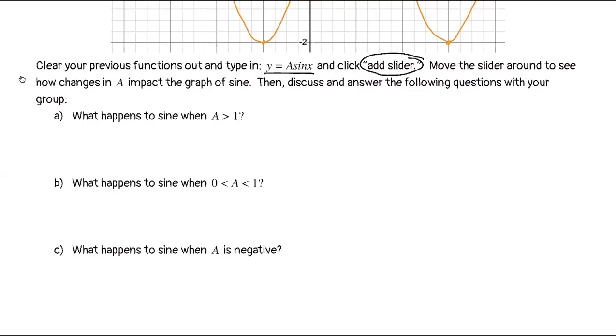What happens when A is greater than 1? Yeah, I agree. I think we could say that there is a vertical stretch. Right? So that's what I'm going to write down under letter A in the notes. What happens to sine when A is greater than 1? I'm going to say that there's a vertical stretch. Okay.